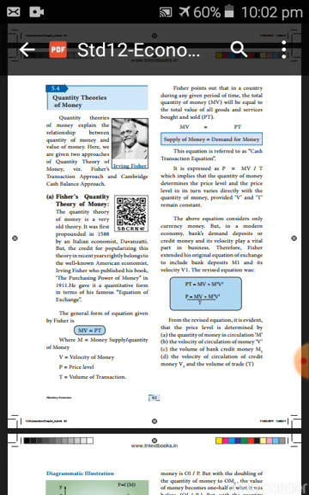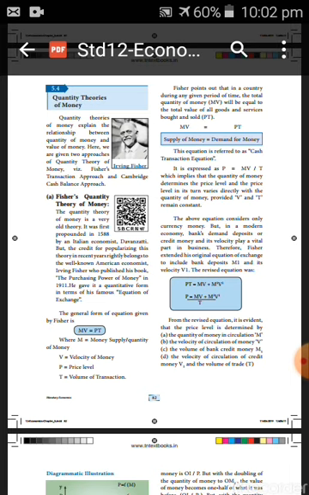In a country, the total quantity of money, that is MV, is equal to the total value of all goods and services bought and sold, that is PT. So the equation is MV = PT.